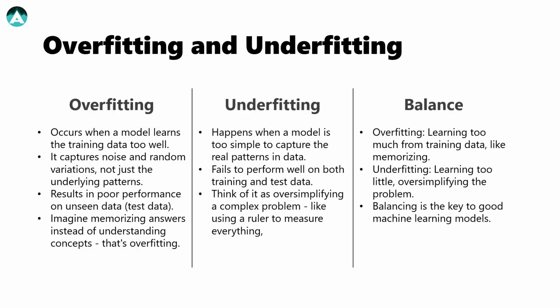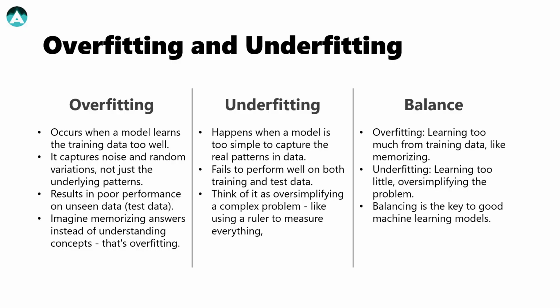This means that once we use it, the results are going to be really poor on the testing set. To give you an analogy, it's like memorizing the answers instead of understanding the concept. That's overfitting. Just remember that it does well with the training data and poorly with the testing data.